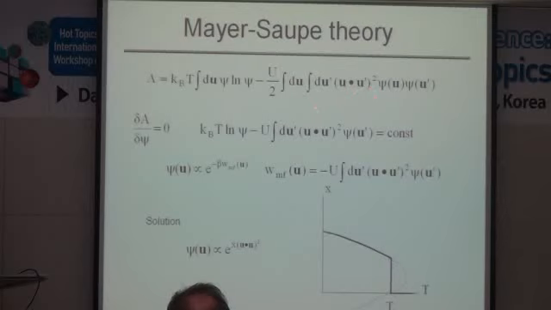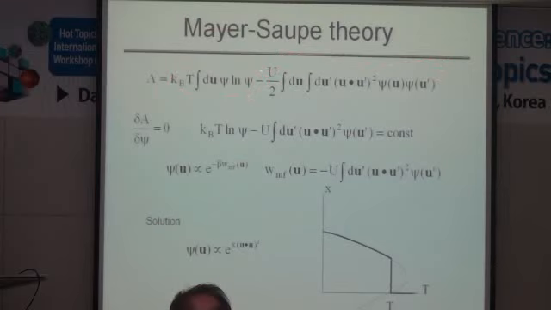And in the simplest form, it can be described by this potential term, (u·u')². And therefore this term stands for the interaction energy term, and that term stands for the entropic term.